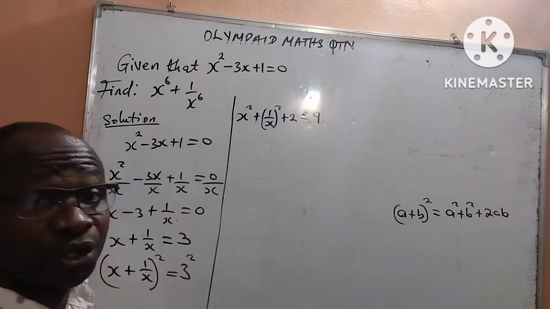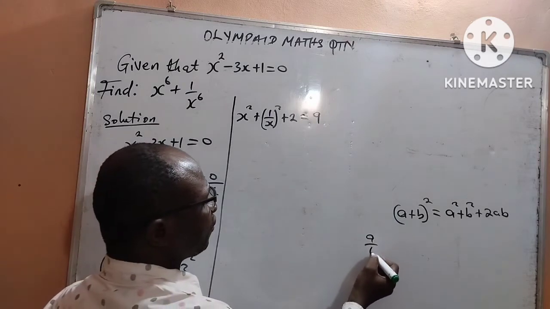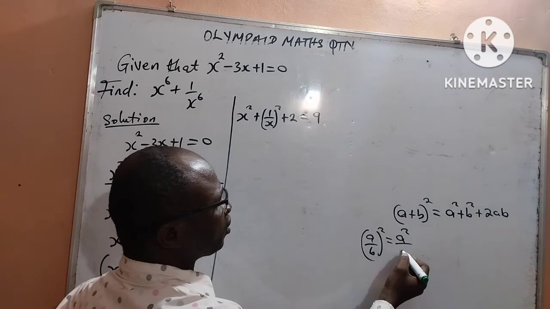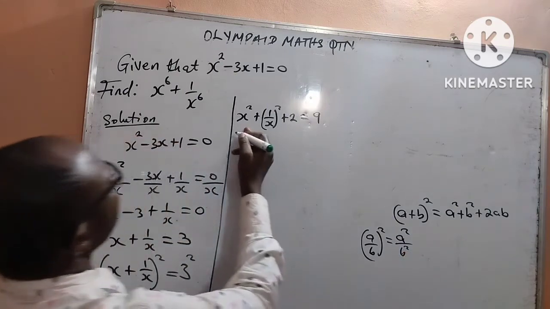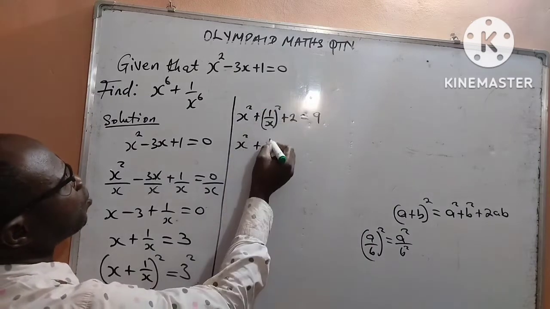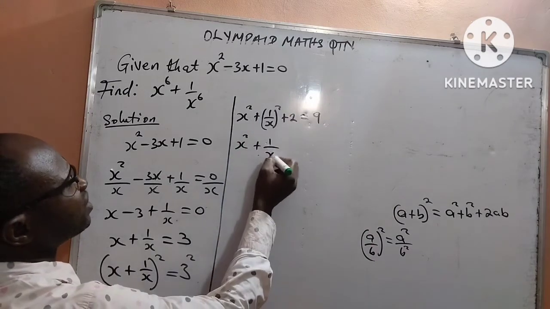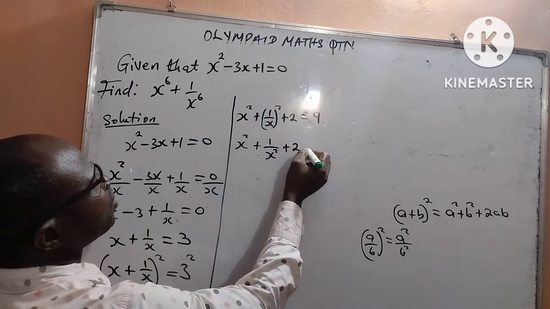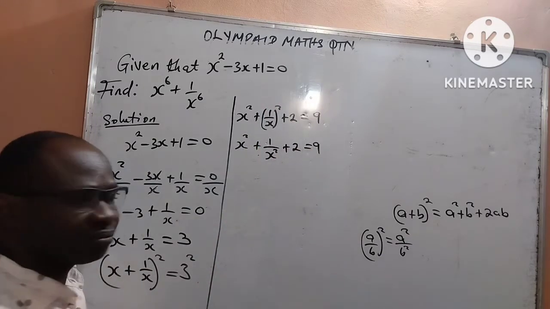But then you know that a all over b all squared is the same thing as a squared all over b squared. So I can write this as x squared plus 1 squared is 1 and x squared is x squared, then plus 2 equal to 9.